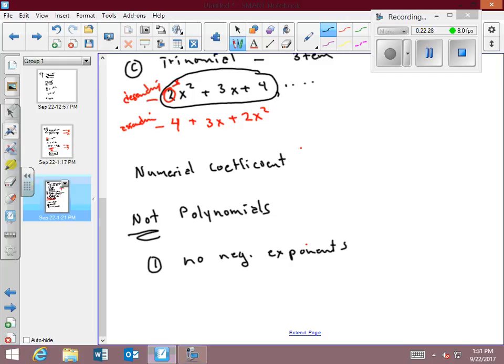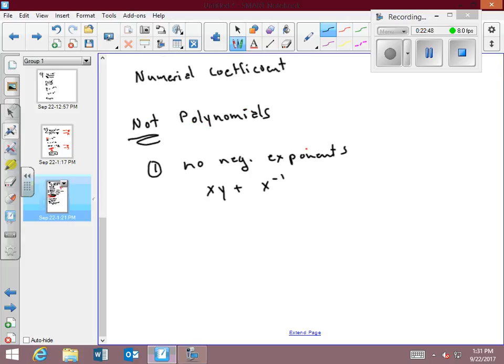If it has negative exponents, not a polynomial. So something like x, y plus x to the minus 1, that's not a polynomial. It's two terms added together, but it has that negative exponent.